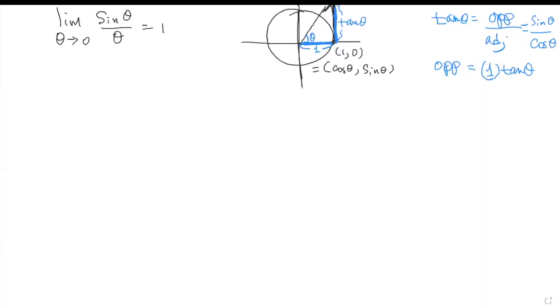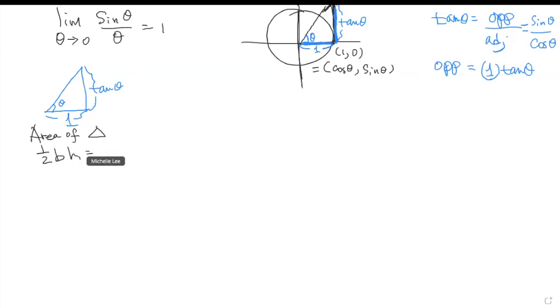Okay, now the theorem. This is tan theta, and the base is 1. Now what's the area of the triangle? It's 1/2 base times height, right?